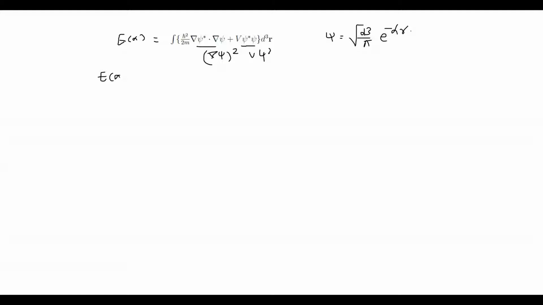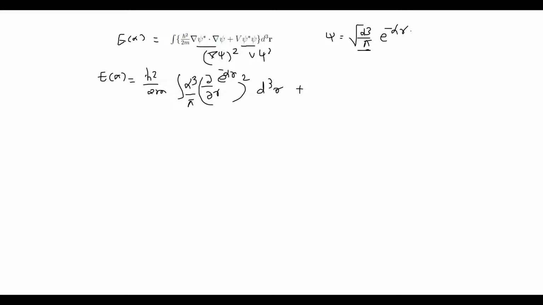E of alpha is h bar square by 2m integration of the gradient, which in spherical coordinates is nothing but del r, acting on e raised to minus alpha r, this whole square. This factor will also get squared, and I can take that outside, alpha cube by pi, dq bar.